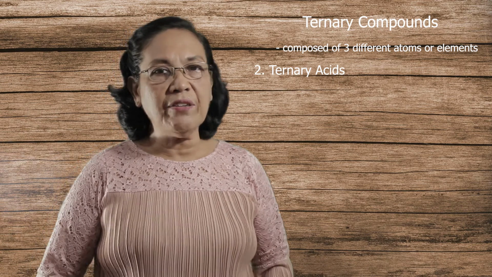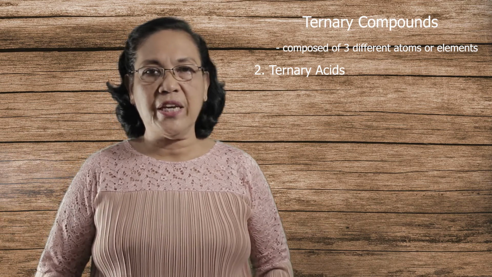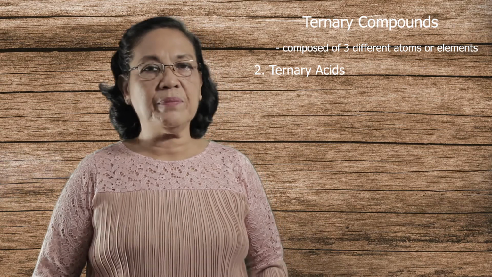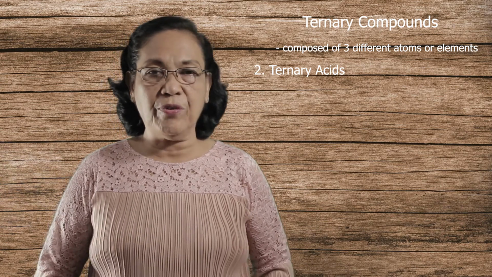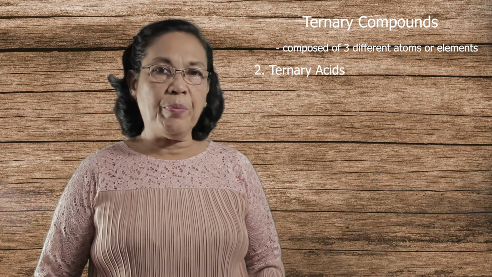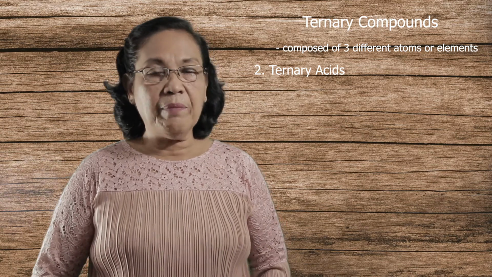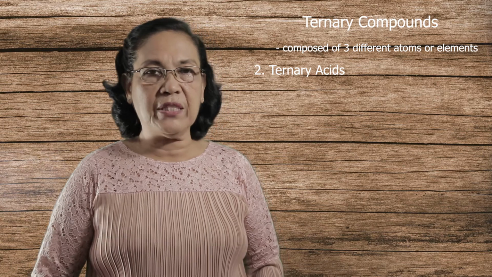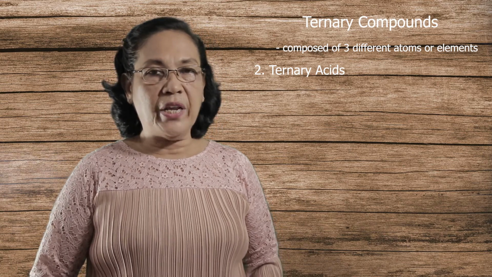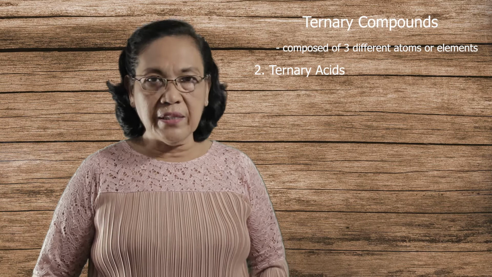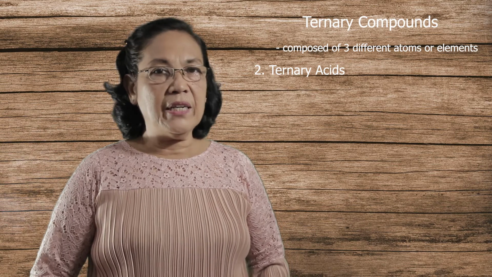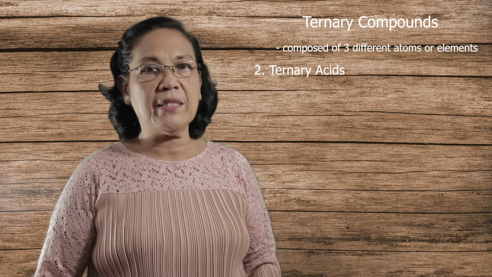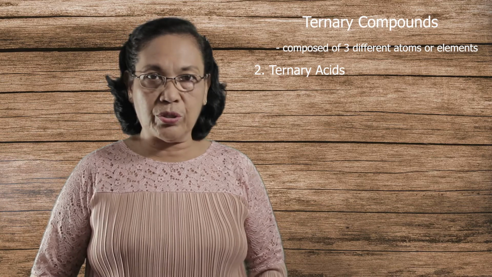If the central atom has an oxidation state or oxidation number between 3 and 4, there is no prefix to be used, but there is the suffix to be used, which is still OS. So the name of this ternary acid will be the stem name plus the suffix OS.